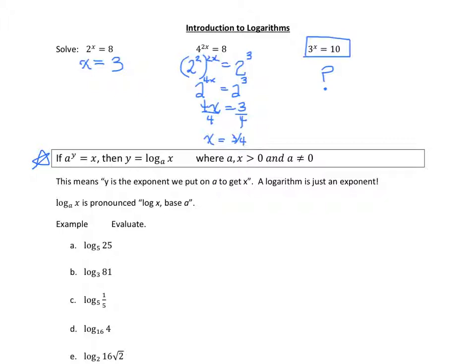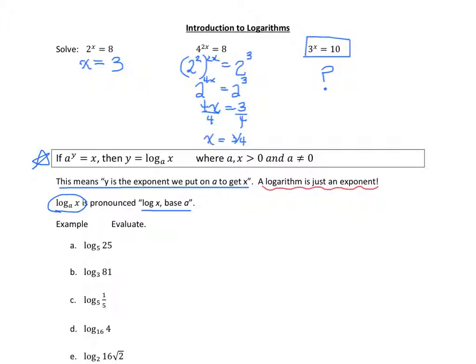So again, I've said here, this means y is the exponent we put on a to get x. So don't forget, as we're going through this, that really a logarithm is just an exponent. Okay, and again, we pronounce this new notation as log x base a.